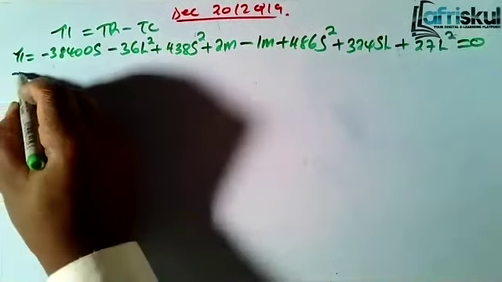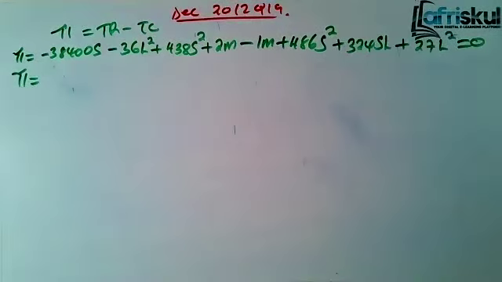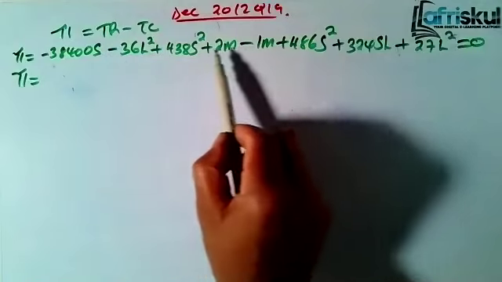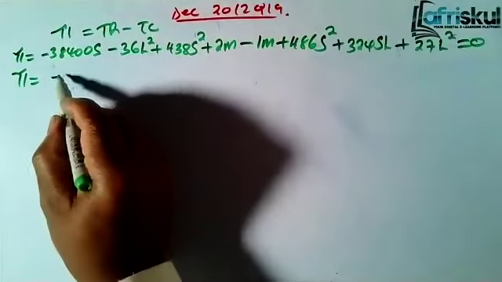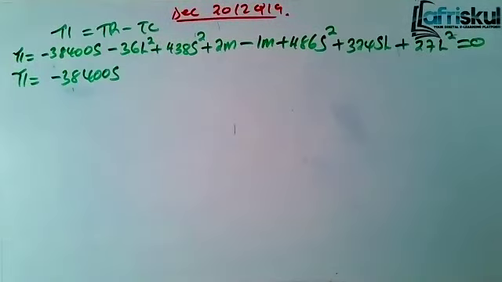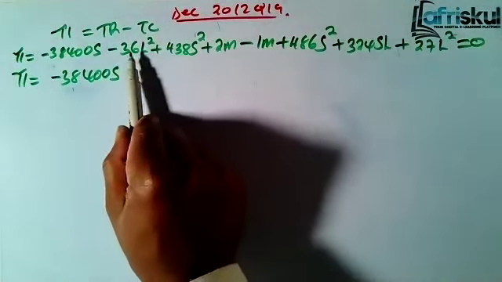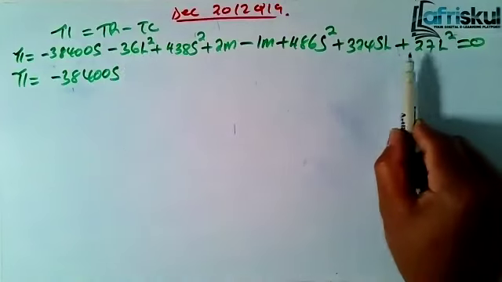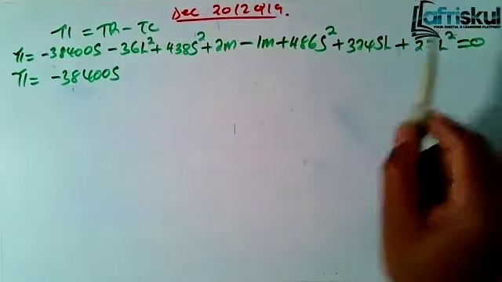We bring the like terms together. So that means we have 38,400S. Then we have minus 36L squared plus 27L squared.